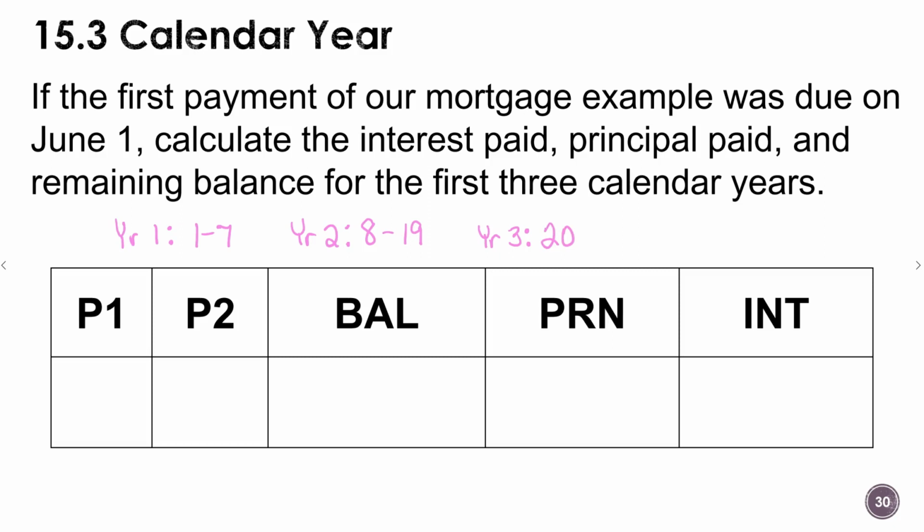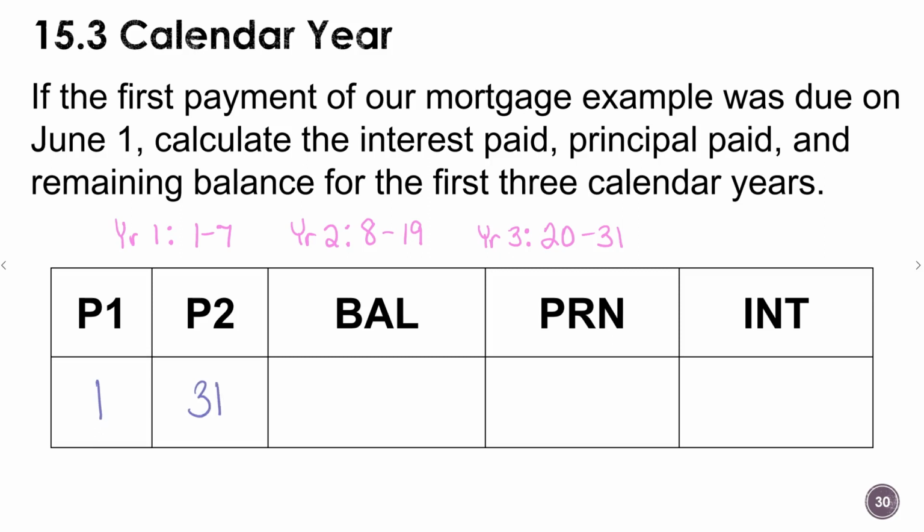And it goes to, if you count these up, payment 31. So at the end of the third calendar year, we're on payment 31. So if we're going to look at interest paid and all of that for the first 3 calendar years, we're going to go from payment 1 to payment 31.